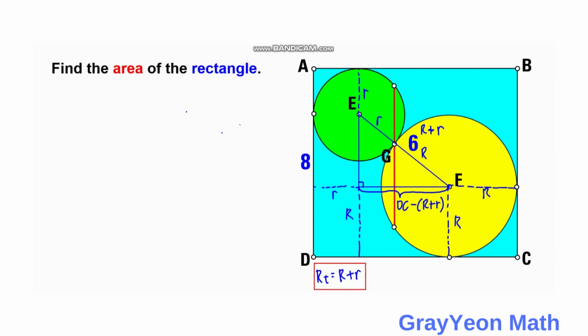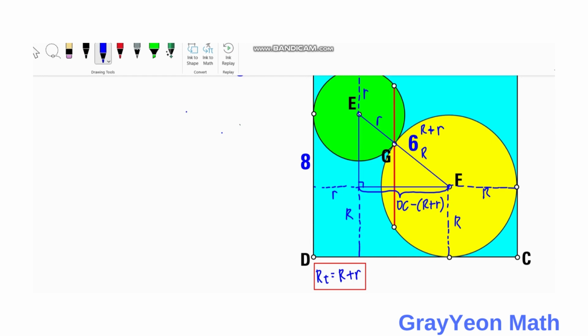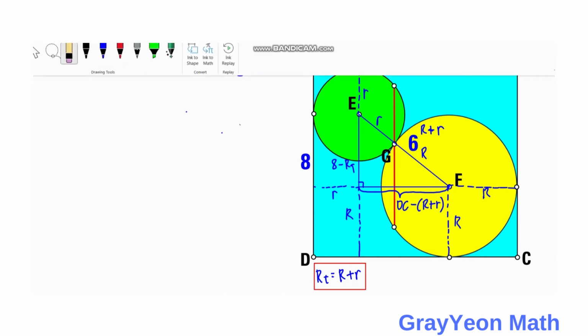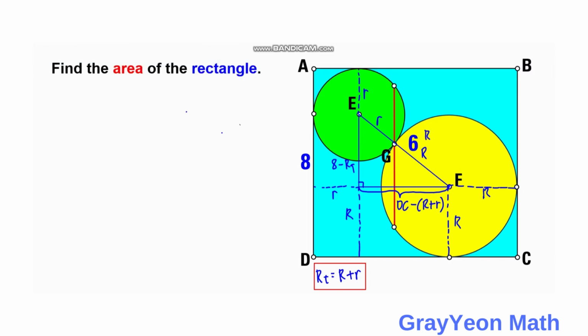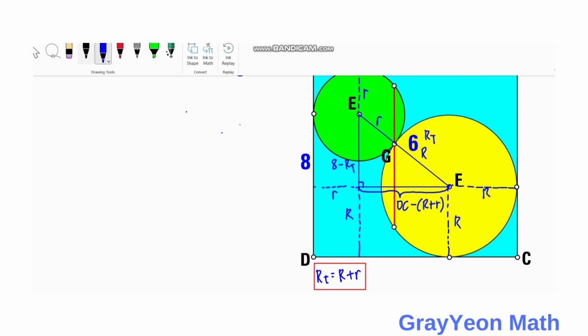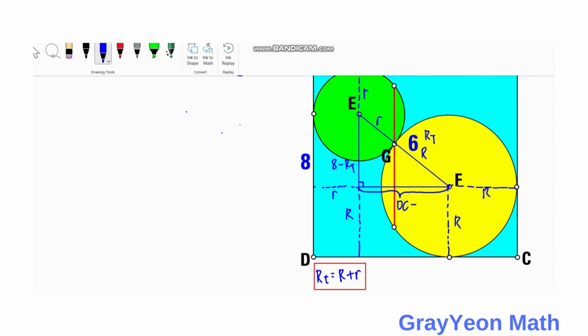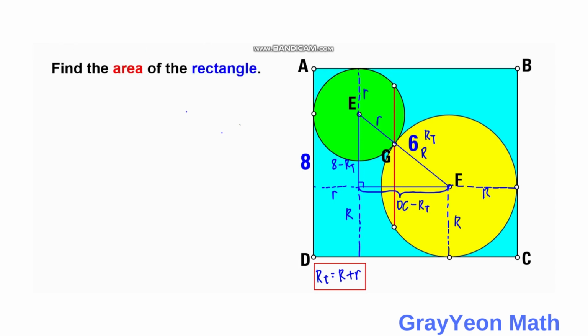So this becomes 8 minus RT for the vertical leg, and the R plus r for the hypotenuse becomes RT. And for the horizontal distance, this becomes DC minus RT.